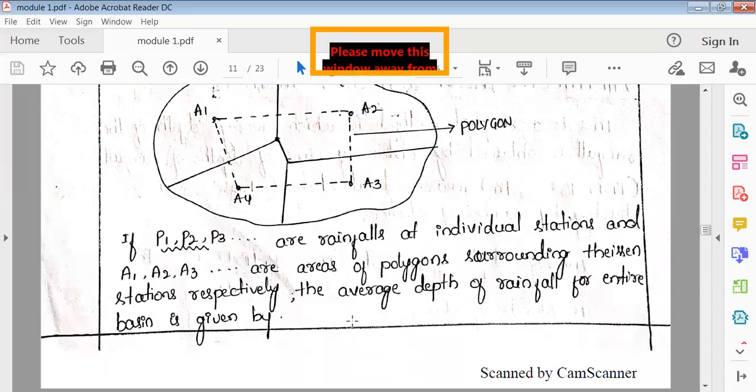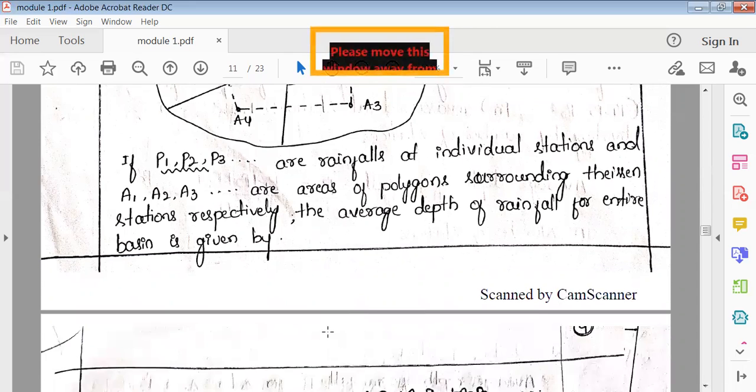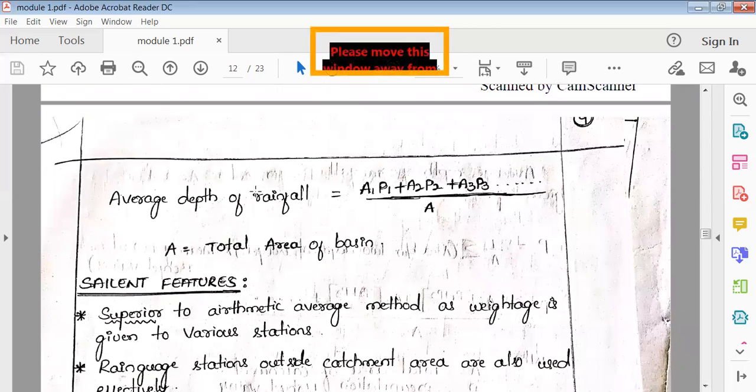If P1, P2, P3 are the rainfalls at individual stations and A1, A2, A3 are the areas of the polygons surrounding the respective stations, then the average depth of rainfall using the Thiessen method is A1 P1 plus A2 P2 plus A3 P3 and so on, divided by the total area of the basin.